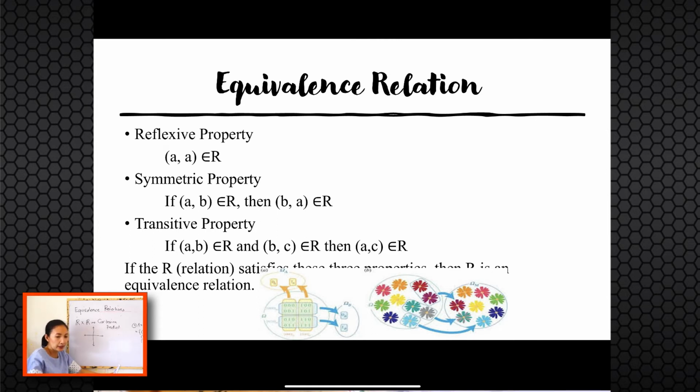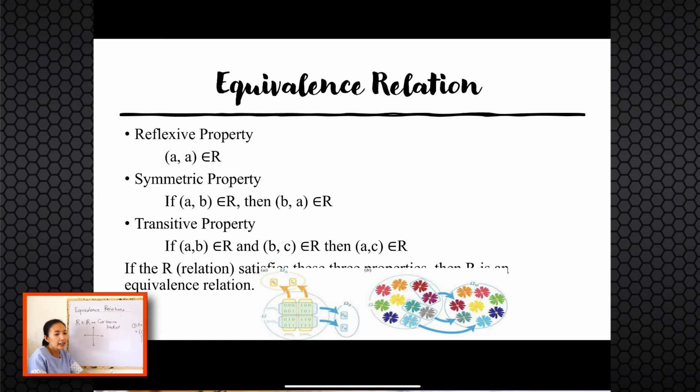The first property is the reflexive property, reflexivity. A quantity is related to itself. If (a, a) is an element of R, then we say it satisfies the reflexive property.